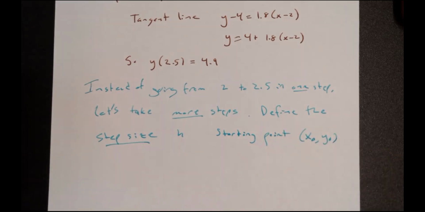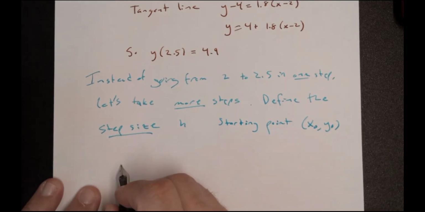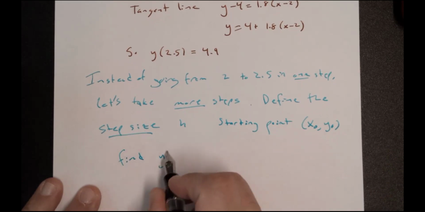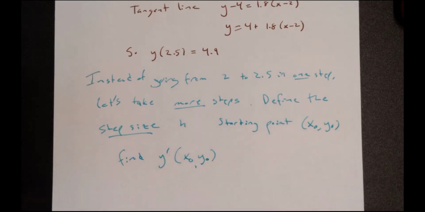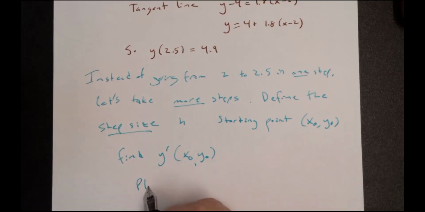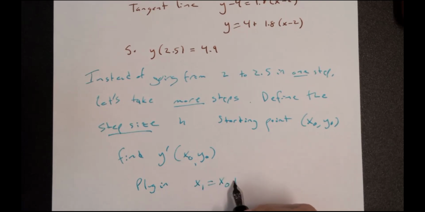So I start at some point, x0, y0. And then I say, okay, find y prime at x0, y0. Just like we did, we came up with that 1.8, right? And then plug in a new x value, one step over.